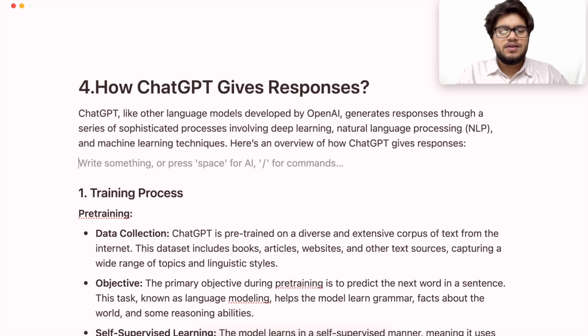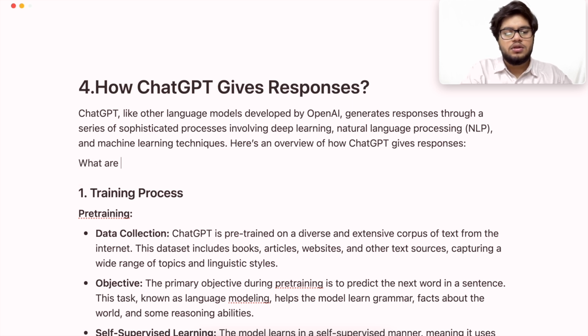Now see, if we give a prompt to ChatGPT, like what are the symptoms of, let's say, any disease, let's say the most common, cough and cold.